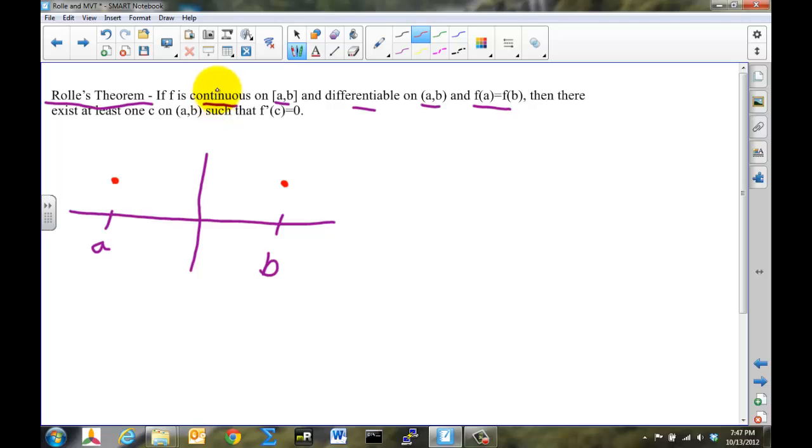Now, we know the function is continuous and differentiable. On the last slide we talked about what it meant to be continuous. What does it mean to be differentiable? Differentiable means that there are no sharp turns. So as we look at this function, we know that we can draw it without picking up our pencil, and we can't have any sharp turns. So it could, for example, do something like this.